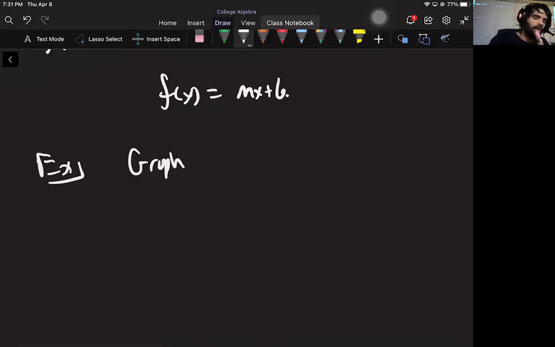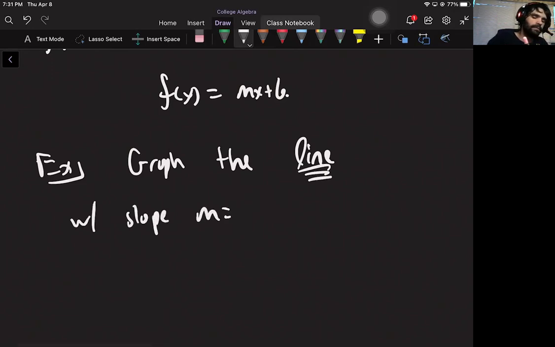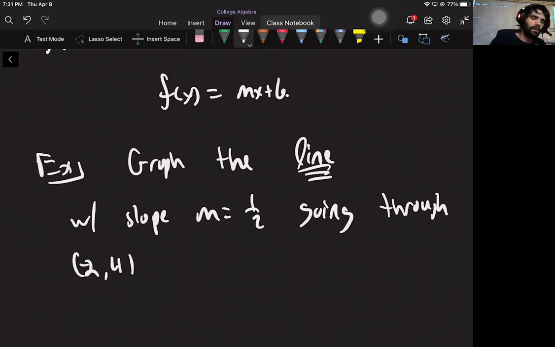Graph the line, so then they might say line instead of linear function, but it's really the same thing, same process. And they'll just say what the slope is directly. And they'll say a point that it goes through or something like this. Going through -2, 4. So again, the new method really shines here because now I don't have a function to plug 0 into. So I can't get my first point that way.